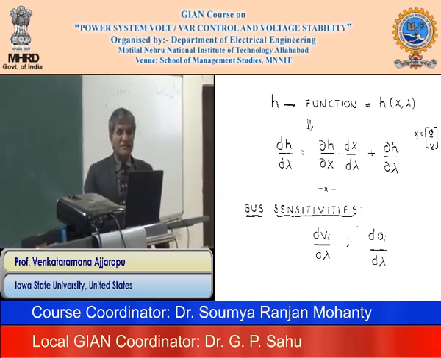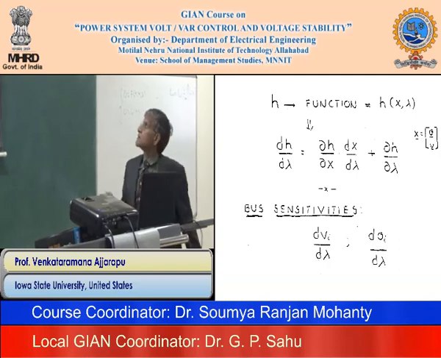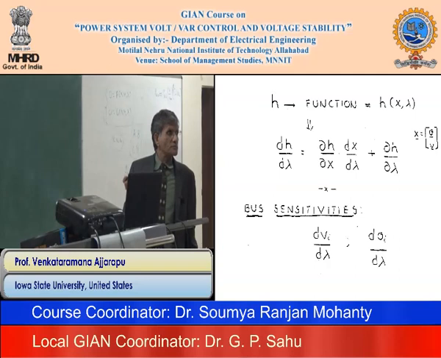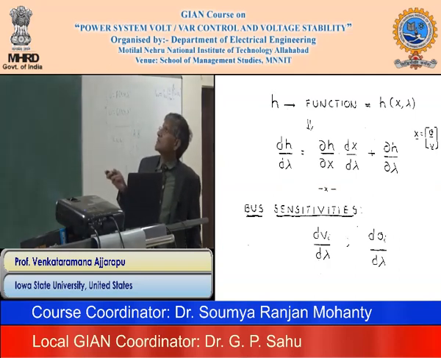For the branch sensitivities, that means h is the P loss ij plus j Q loss ij in the line ij, and actually you can calculate this loss in terms of theta and V. Even for a simple case, we showed that h is a function of voltage, angle, and the network parameters, right?